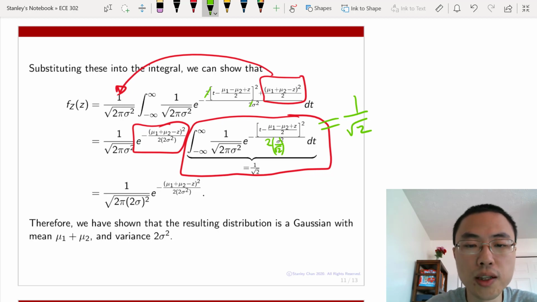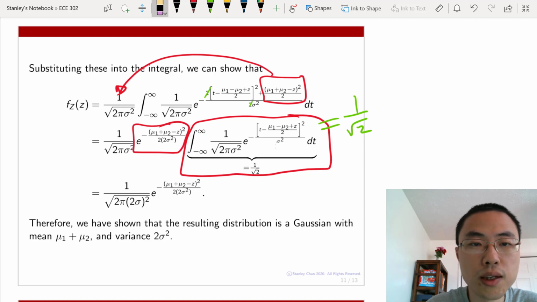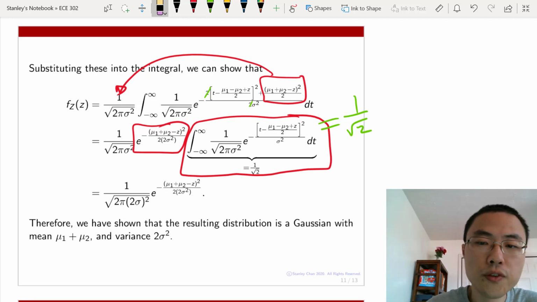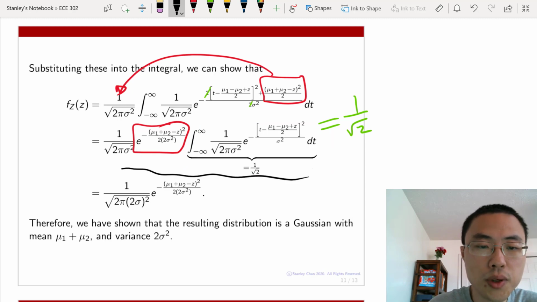You can easily verify that because if you have a 2 here, then this integration will give you 1. And so now if you do not have this 2 here, the integration will give you this 1 over square root 2. So if this is 1 over square root 2, then you also have this term here. Then you can show that this entire thing can be simplified as follows.